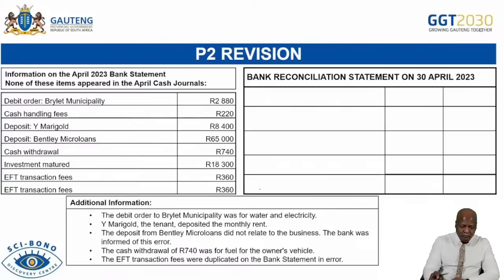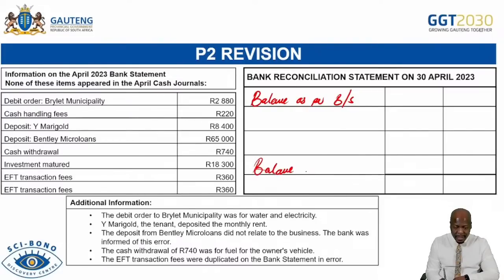So in the next one now, remember we have two aspects that we need to correct. Before we correct that one, format is of great importance. You need to stick to the format that you've been taught by your teacher. If you have been taught to start with balance as per bank statement, and then you would end with balance as per bank account, then you need to stick to that.